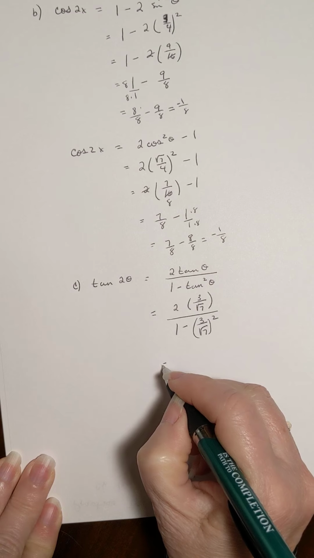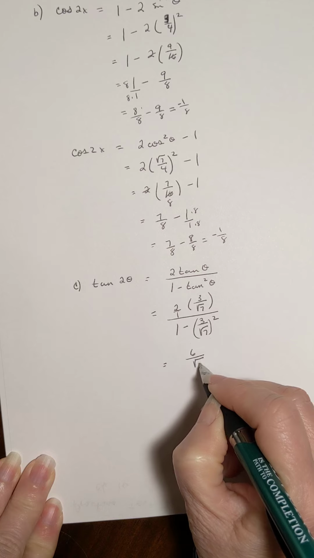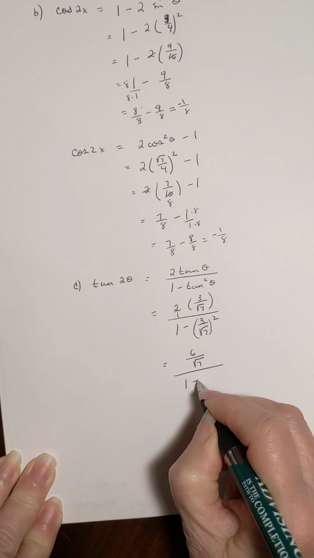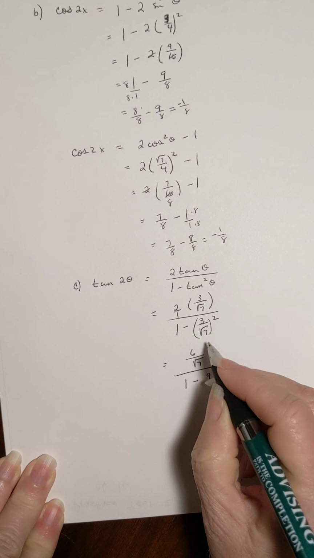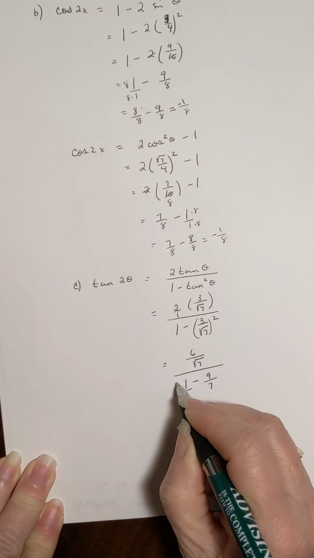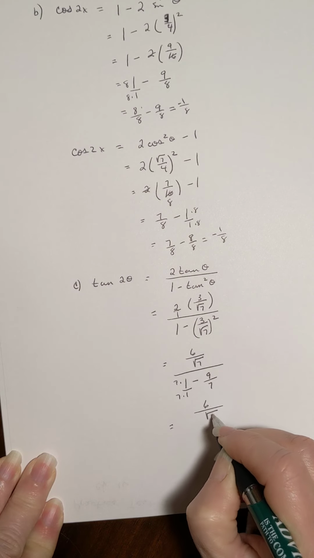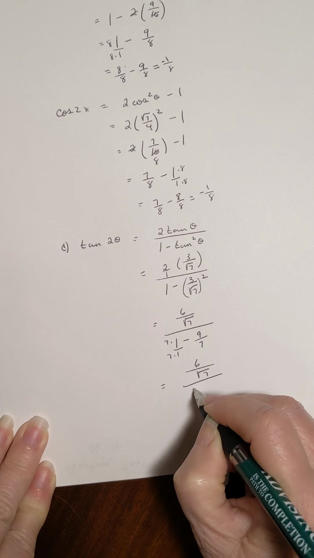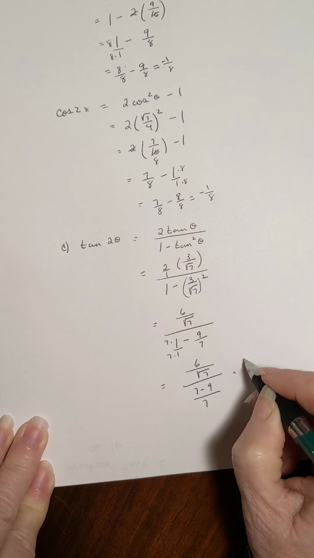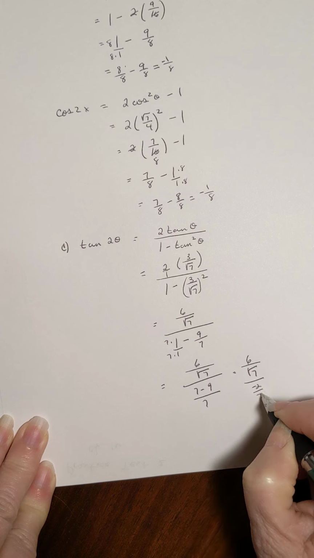So this is 2 over 1, so 6 over the square root of 7 in the numerator. And then in the denominator, I'll have 1 minus, and 3 squared is 9, and the square root of 7 squared is 7. So multiply numerator and denominator by 7, and I get 6 over the square root of 7 divided by 7/7 minus 9/7. And so that gives me 6 over the square root of 7 divided by negative 2/7.